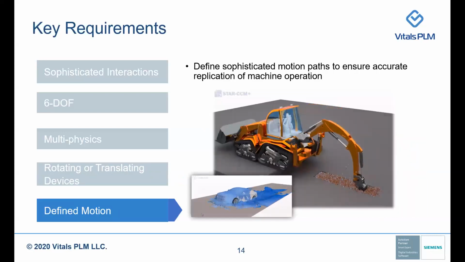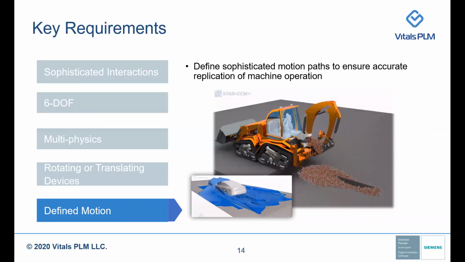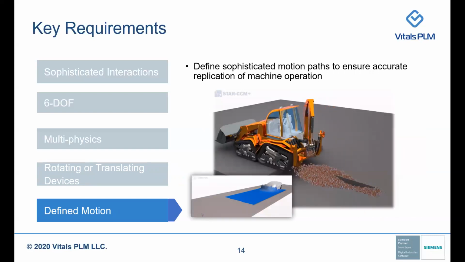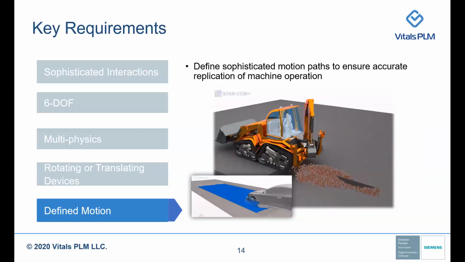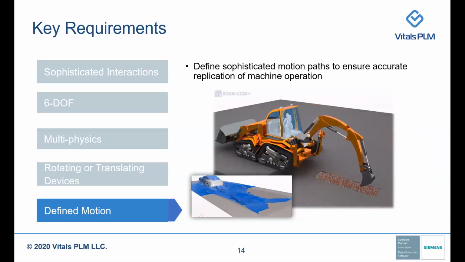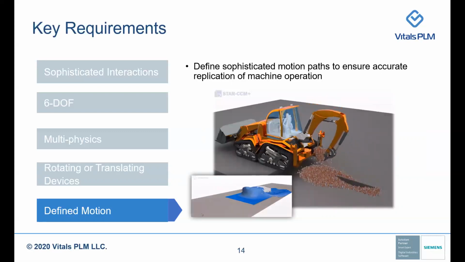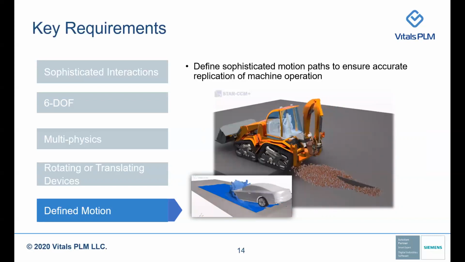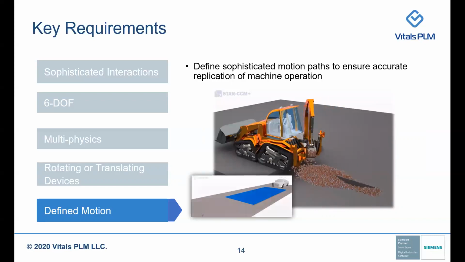And the final requirement from the industry is to have an ability to define a prescribed motion. Few people call it a defined motion. So here in this example, what we see is a water flooding simulation, which has become a standard analysis item these days, performed by almost all the automotive companies in the world.